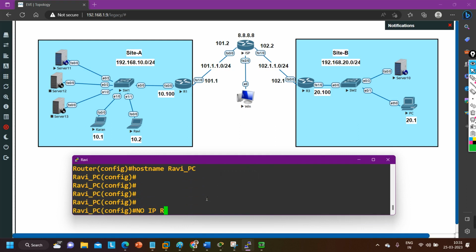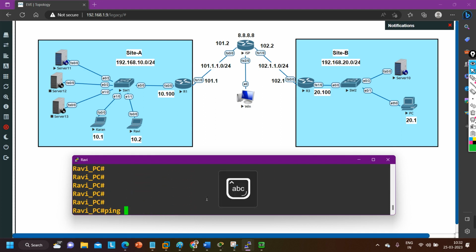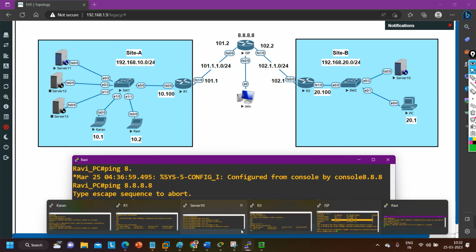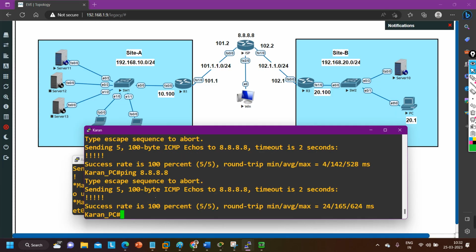Okay, and say no ip routing, ip default-gateway 192.168.10.100 and interface F0/0 ip address 192.168.10.2 255.255.255.0, no shut. Okay, now from here I am going to ping 8.8.8.8 and from the current computer also let me ping.